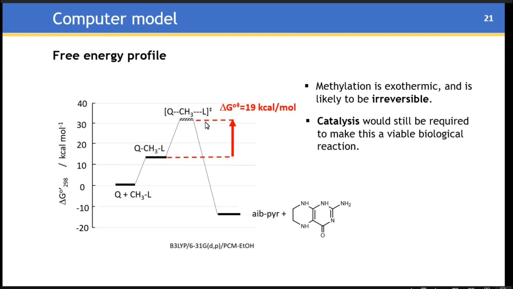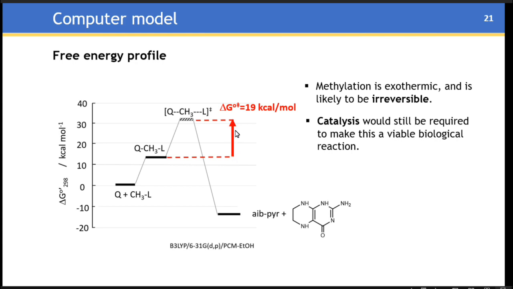And once you form the product, this is quite exothermic by 12 or 13 kcal per mole. So the fact that this goes down in energy so far means practically that if it goes by this reaction and you do attach a methyl, that methyl is stuck on there. It cannot go back over. So it would be, for all intents and purposes, irreversible methylation.